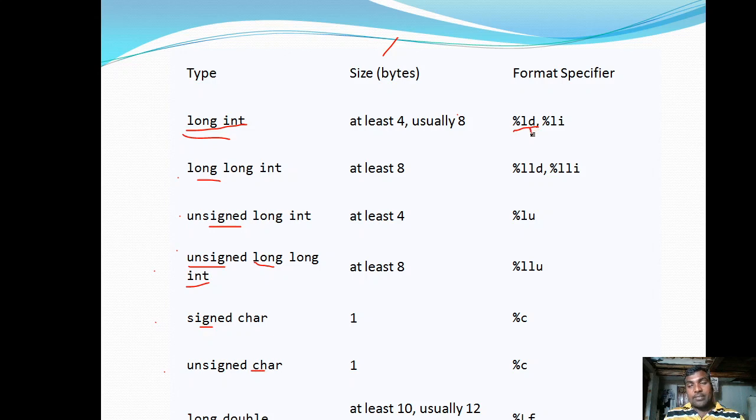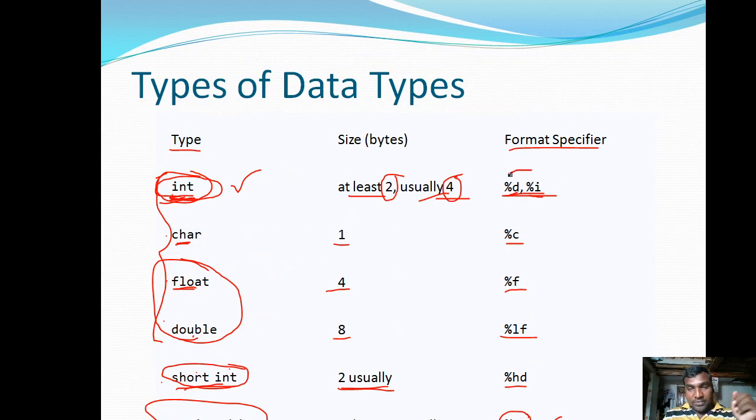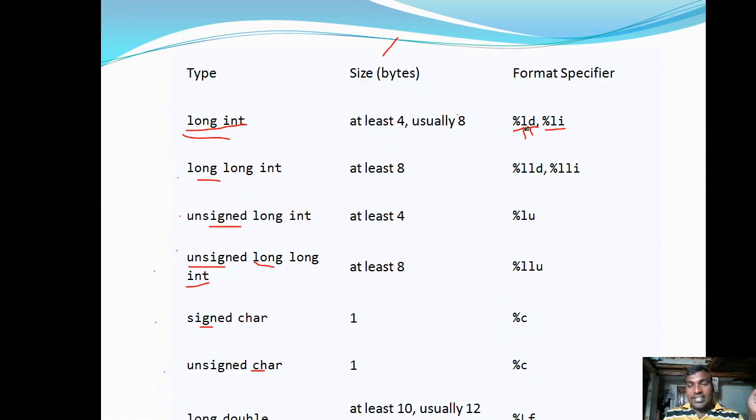Generally %d represents a decimal integer, and ld means long int, or %li. So %ld and %li are the format specifiers we use while handling the long integer type.